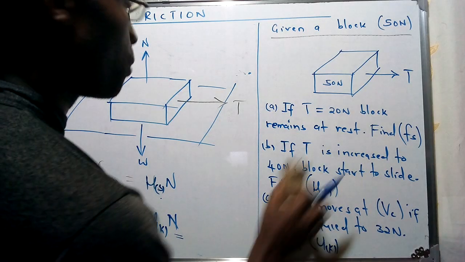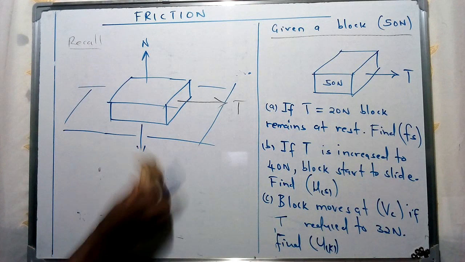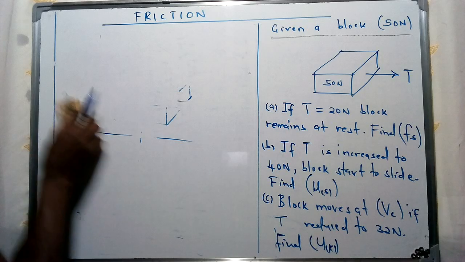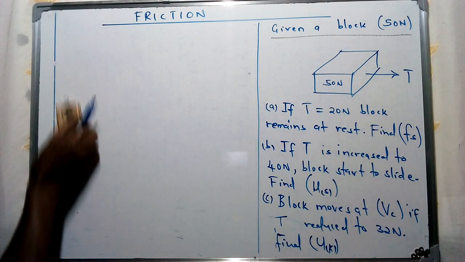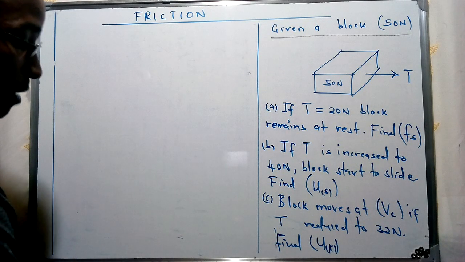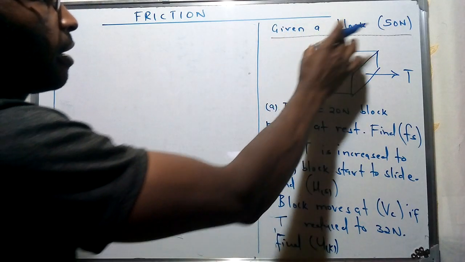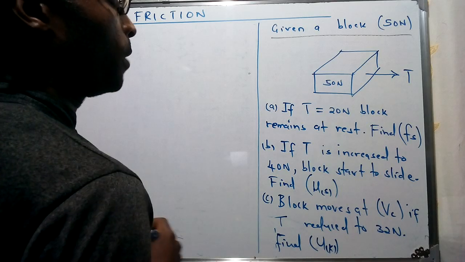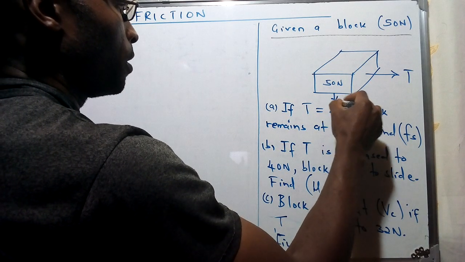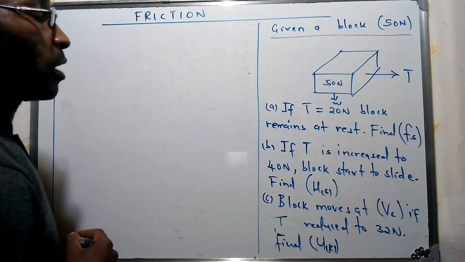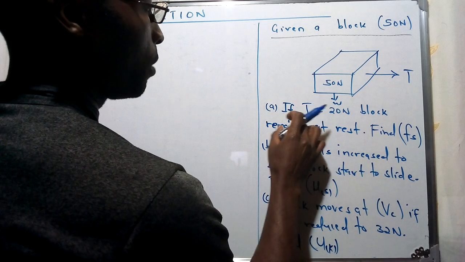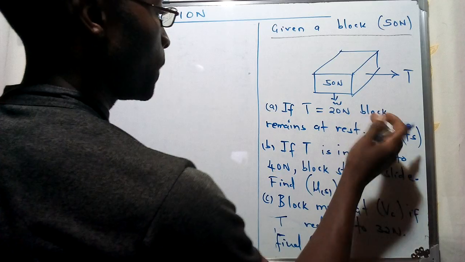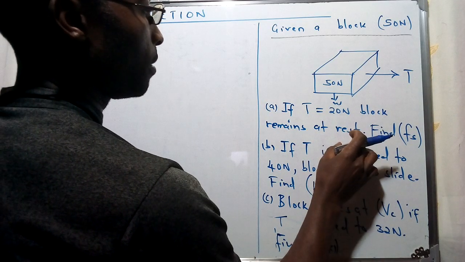So I'm going to read through this question, and we're going to do an evaluation and find out what we are required to evaluate for A, B, and C. We are given a block of 50 newtons, which is equivalent to the weight of this block. If the applied force T is 20 newtons, the block remains at rest.